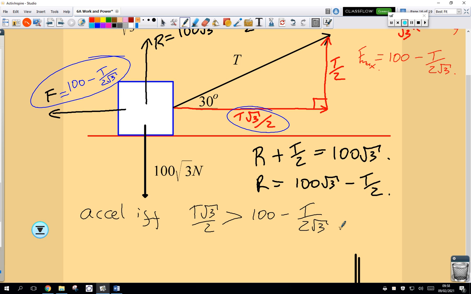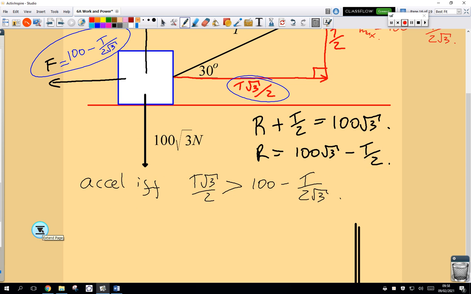And this is a fairly straightforward linear inequality. Maybe I don't really like the fractions here. Maybe I'm going to multiply on both sides by 2 root 3, just to eliminate some of these fractions. Notice it's positive, so I don't have to worry about the direction of the inequality.